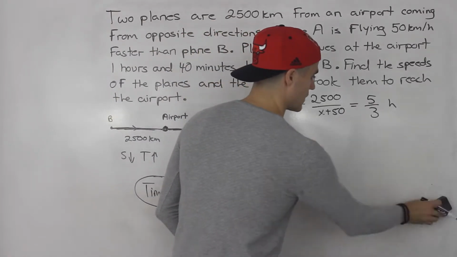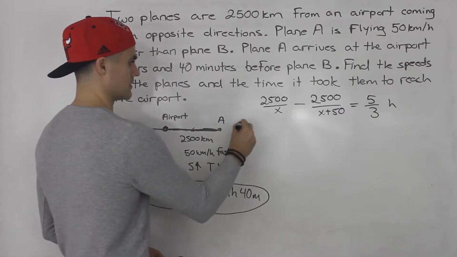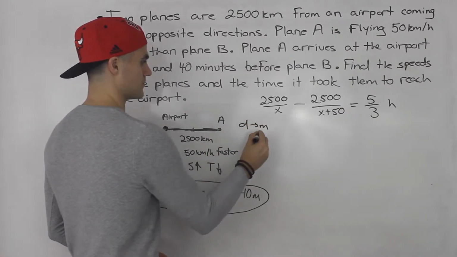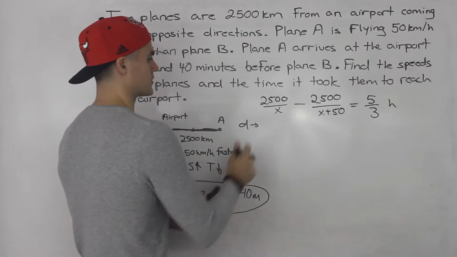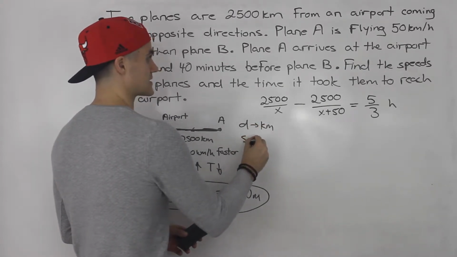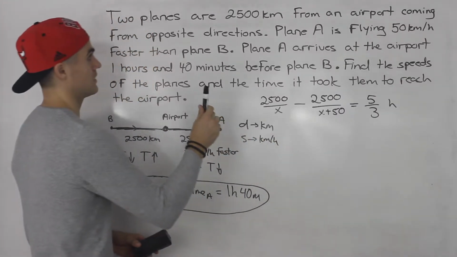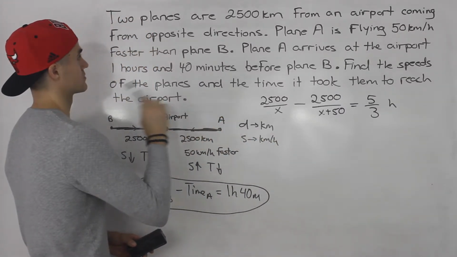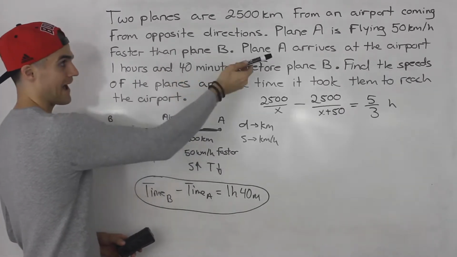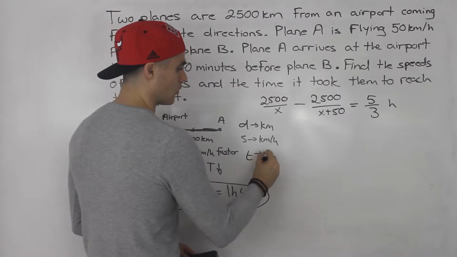The reason why we have to do that is because this distance is in meters, or kilometers. The speed is given in kilometers per hour, right? Where is it? 50 kilometers per hour faster, which means the time has to be only in hours.